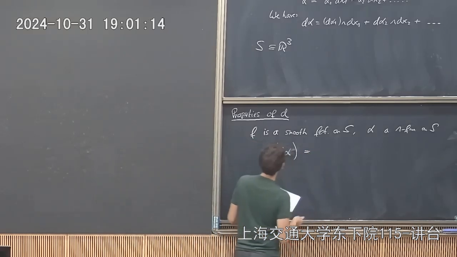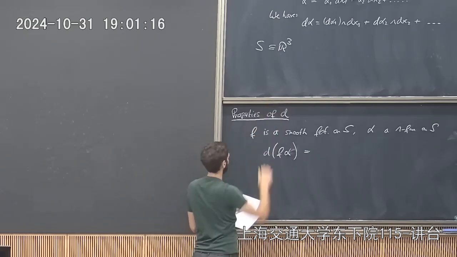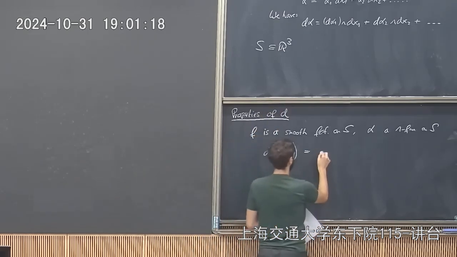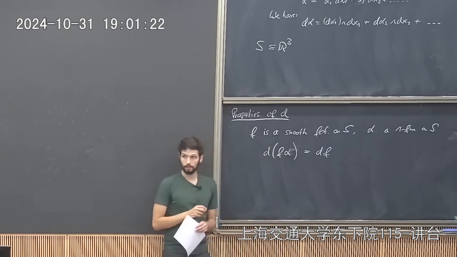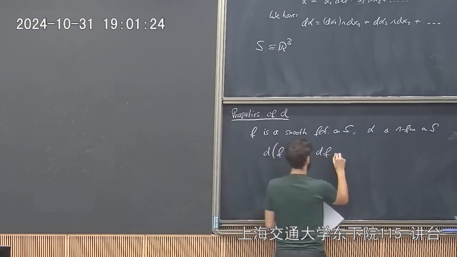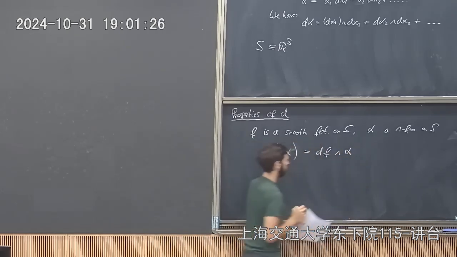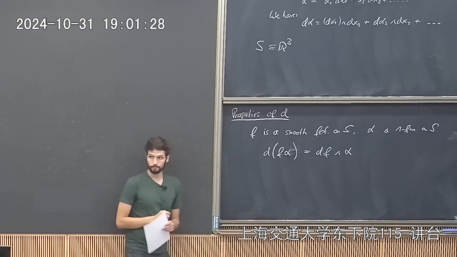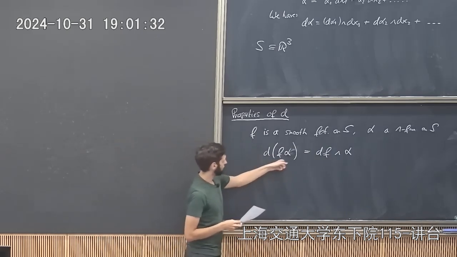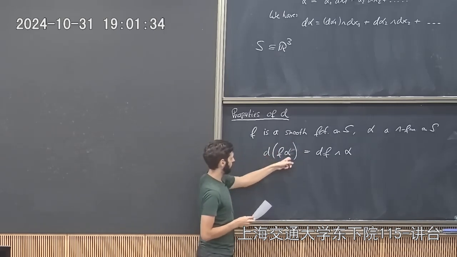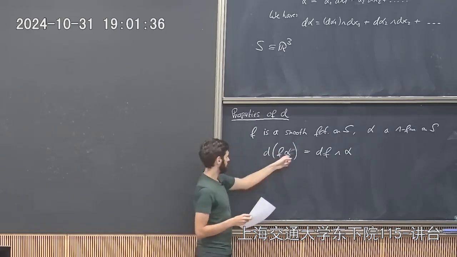And if you look at this, what would an actual guess be? We take df to get a one-form, and then we wedge it with alpha. But there's one part that is missing. We also want to take the variation of alpha in this formula.